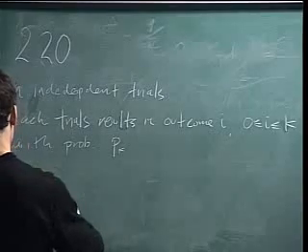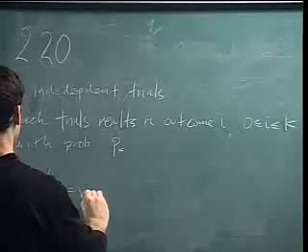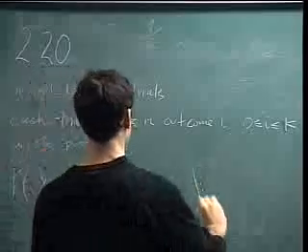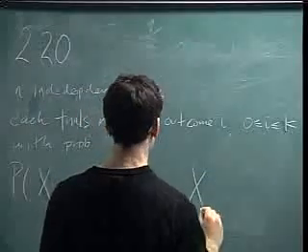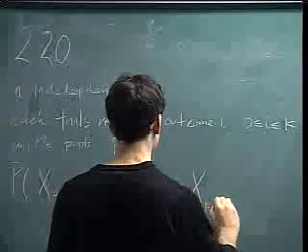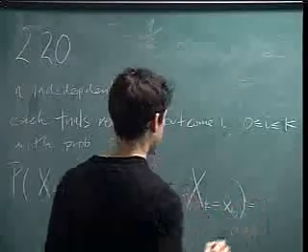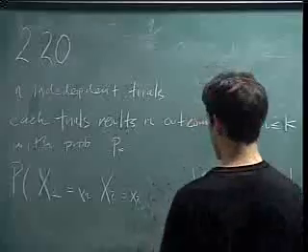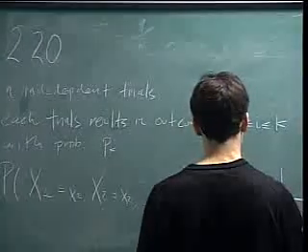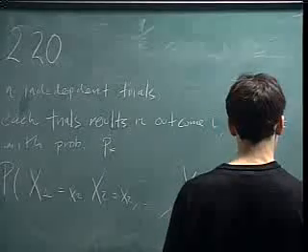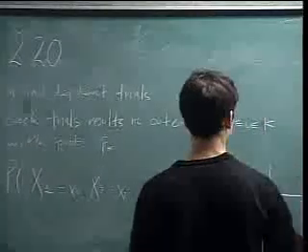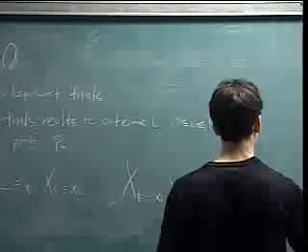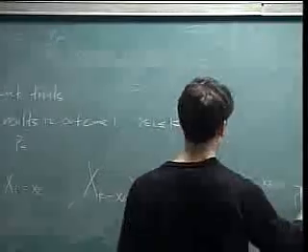So the probability that X1 is equal to little x1 and X2 is equal to little x2 and Xk is equal to little xk is just equal to n factorial over x1 factorial, x2 factorial, xk factorial, times p1 to the x1, p2 to the x2, pk to the xk power.